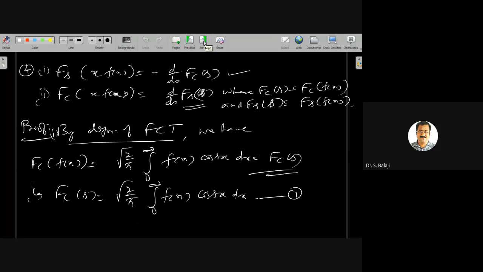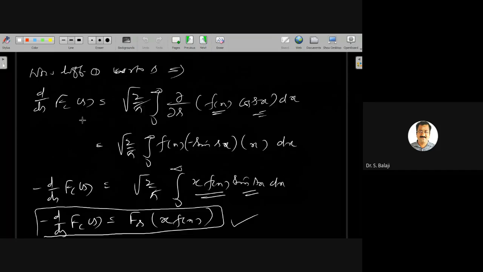Then what you can get here is d by ds of fc of s. The differentiation on the right side moves inside the integration as a partial derivative, 0 to infinity, dou by dou s of f of x cos sx dx.